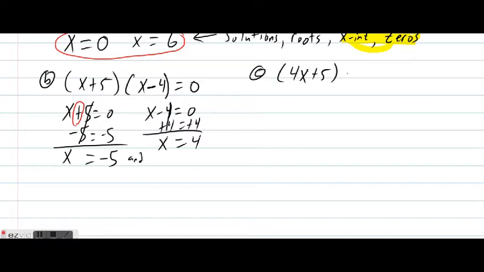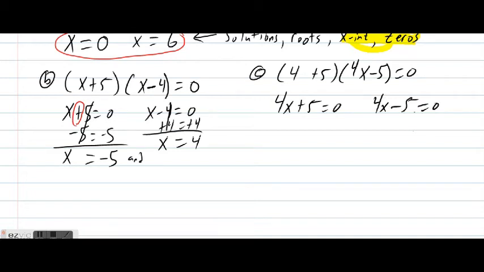So 4x plus 5 times 4x minus 5. All right, give it a try. Hit pause. Well, you guessed it. We force each one to equal 0.